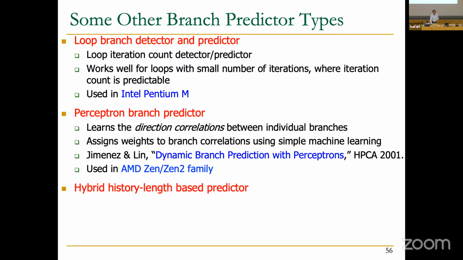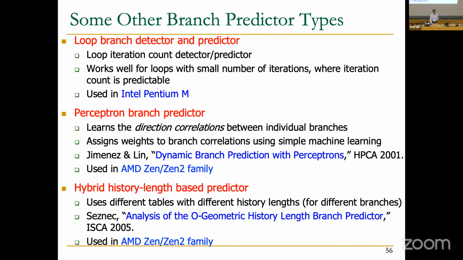And then we're also going to talk about a competitor to this, which is heuristic-based, not machine learning-based. But it's more accurate, actually, it turns out, given the same hardware cost, which is a hybrid history length branch predictor. It uses different tables with different history lengths for different branches. So if a branch requires a short history length, use a small table.